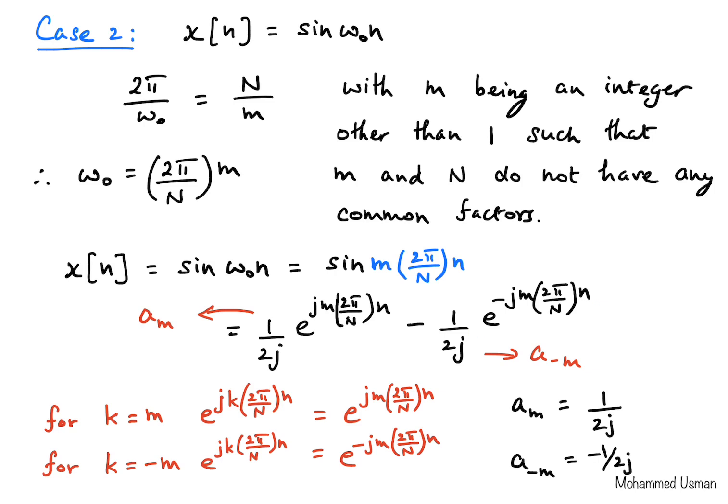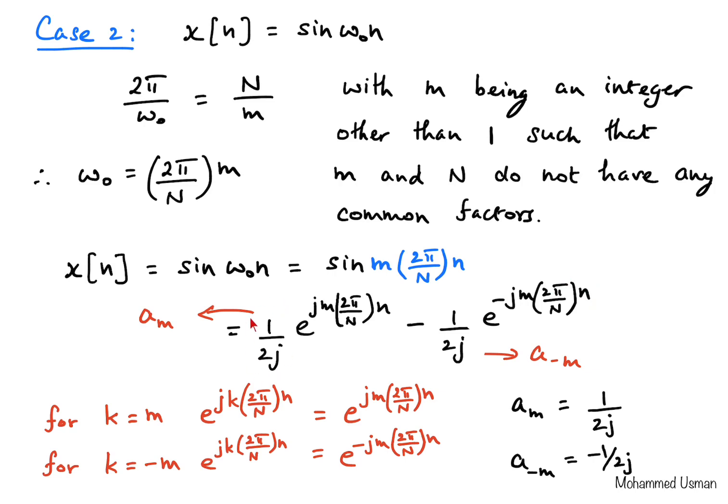Now this term is denoting e power j k omega naught n, right? So this is e power j k 2 pi by n times n. That corresponds to k equal to m. So when k equal to m, we get this term, which is what we have here. And when k equal to minus m, we get this term.